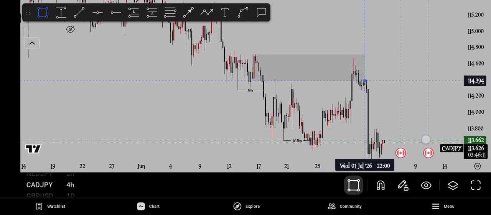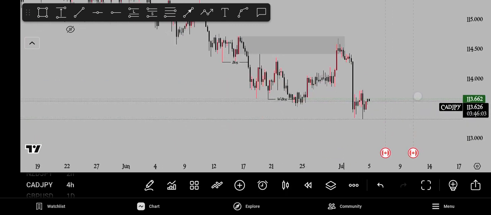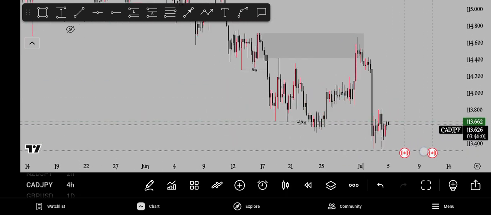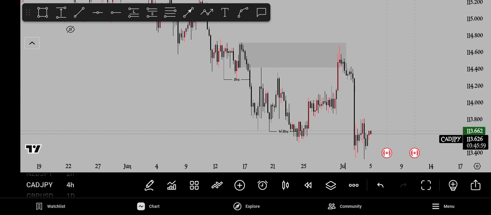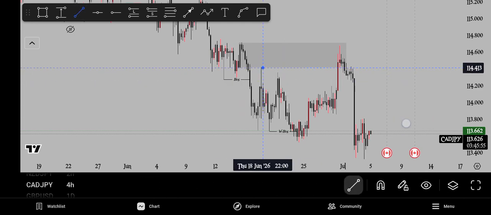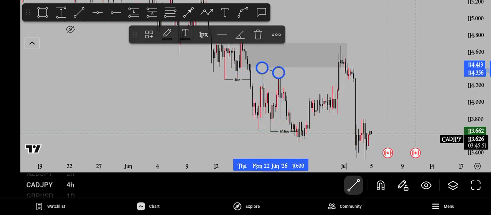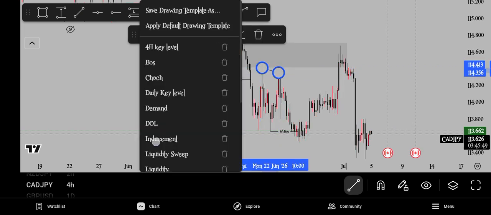Those who would have entered aggressively here would have gotten close to 1 to 3, 1 to 2. So I identified our liquidity here after marking the supply. So this was our liquidity.